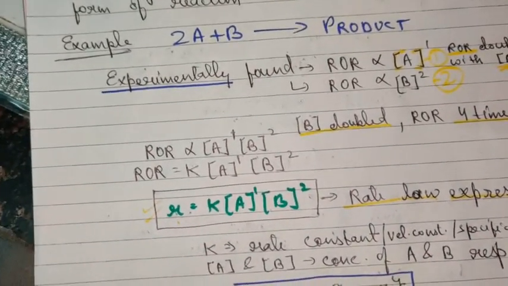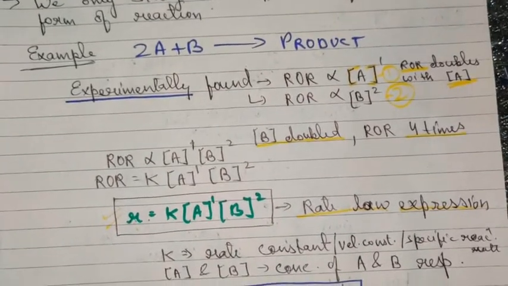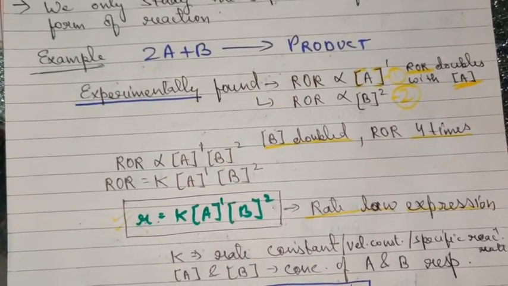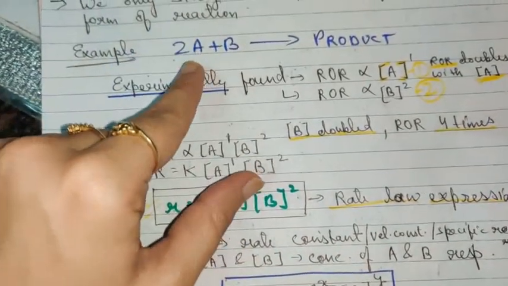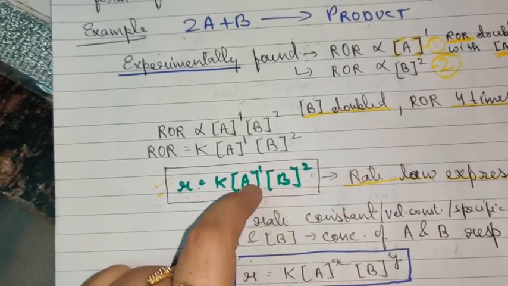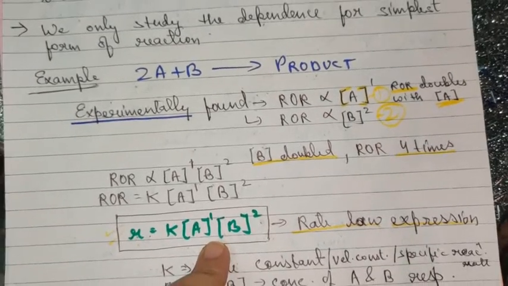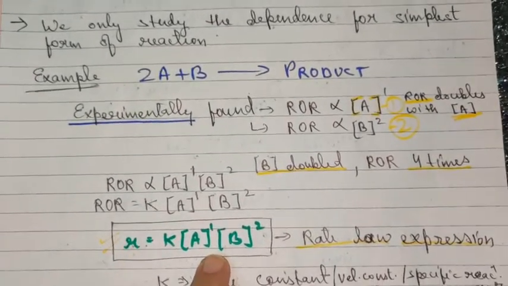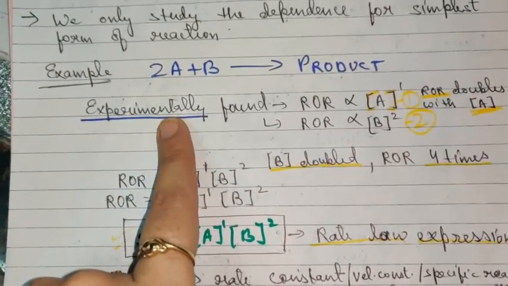Though according to the law of mass action, which you must have done in class 11, we used to express this expression with these moles raised as the power of these concentration terms, but actually this is not true. When we are talking about the kinetics of a reaction, we will be considering only experimental data.